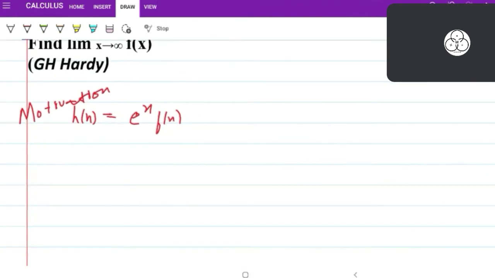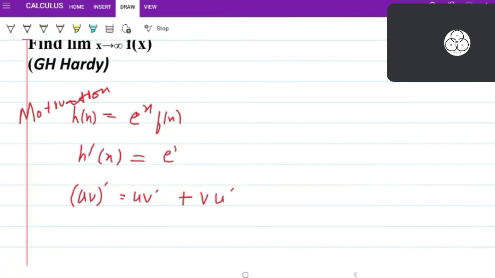And if we differentiate h of x, we'll get h dash x, using the UV rule of differentiation. If you know the UV rule of differentiation, that's u v dash plus v u dash.